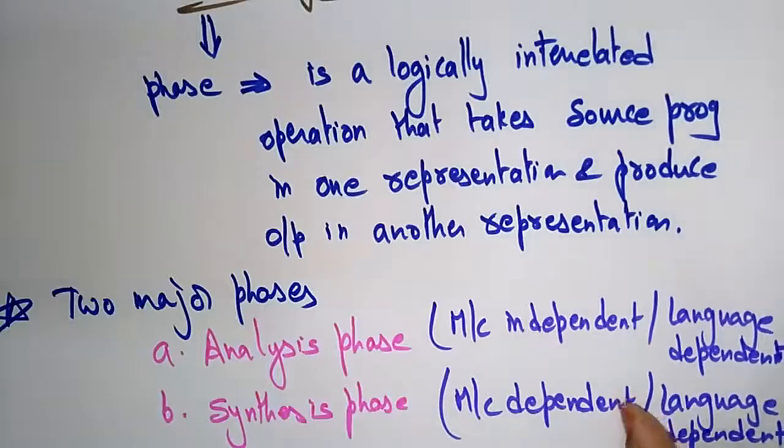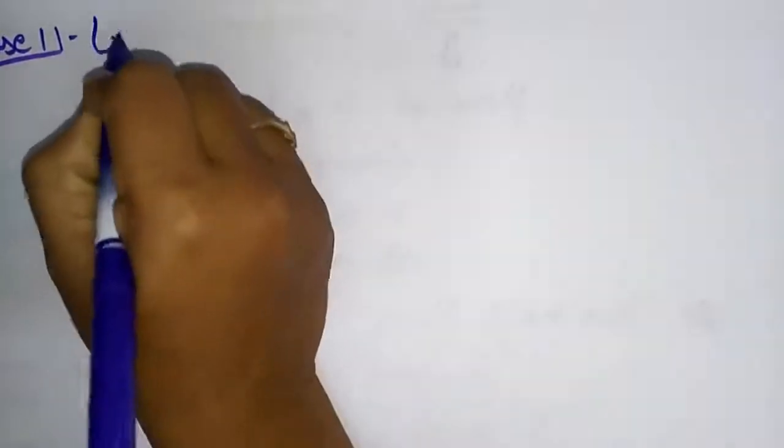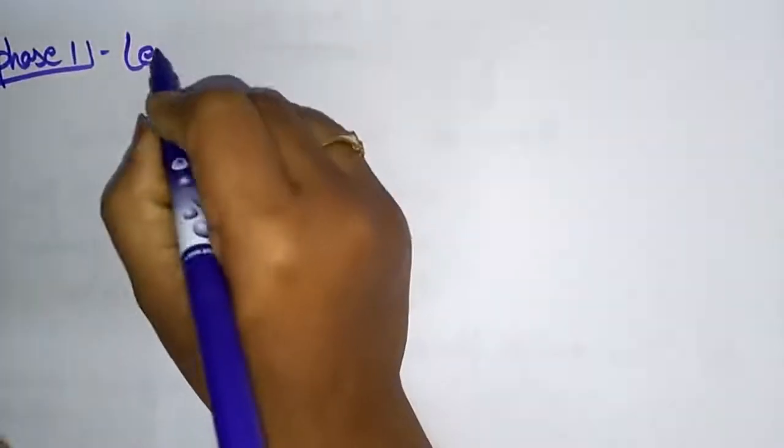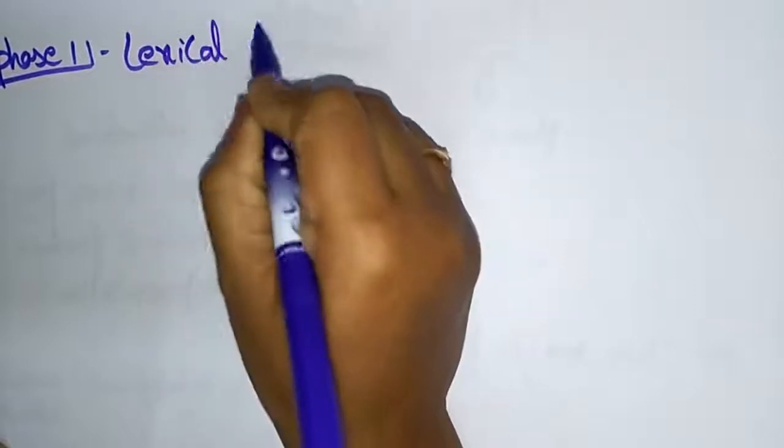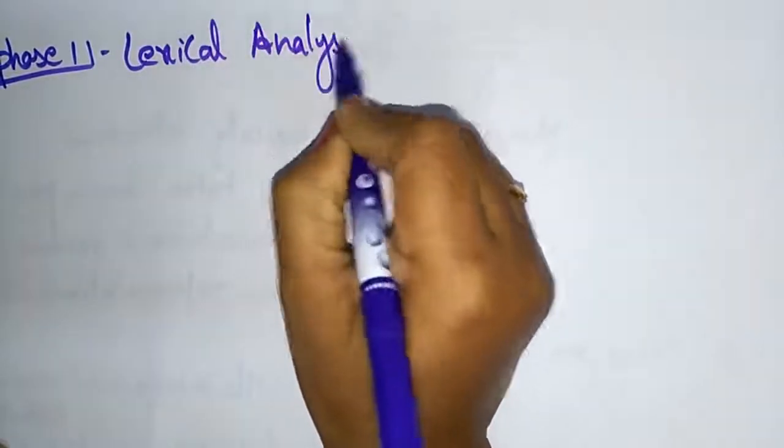What is phase 1? Phase 1 is called the lexical analyzer. The source code enters the phase 1, lexical analysis.